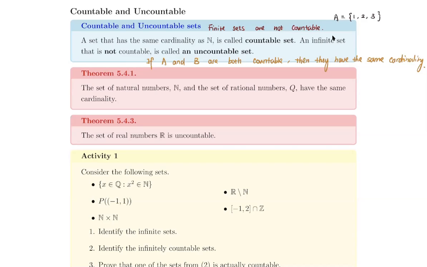And you know that by Cantor's theorem, which we'll talk about later, the power set and the set itself have different cardinality. So for uncountable sets, we actually have different cardinalities. So if you have two uncountable sets, you don't know if they have the same cardinality. So this statement is not true if you change countable here to uncountable.